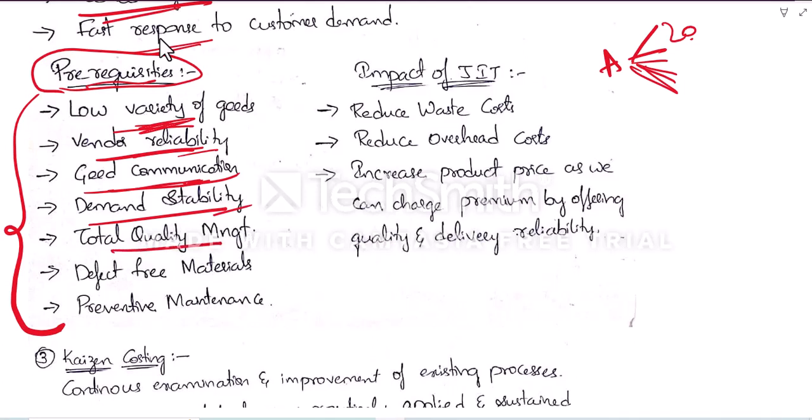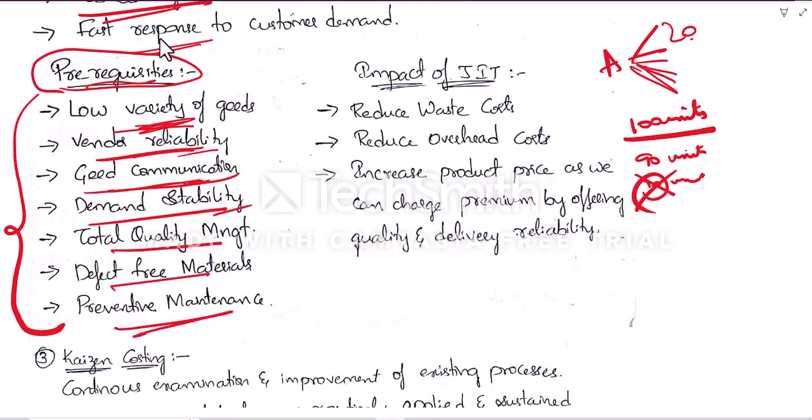And total quality management. We should have quality of input and quality of output, because if we want 100 units and we have produced only 100, and of those 90 are defect free and 10 are defective, again we need to manufacture these. We cannot do that at that point of time. So we have to maintain the quality properly by using total quality management. Defect free materials should be taken. And preventive maintenance.